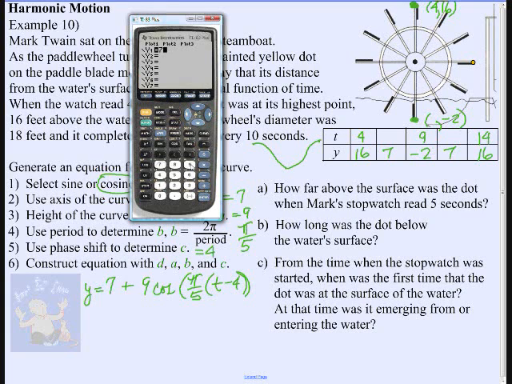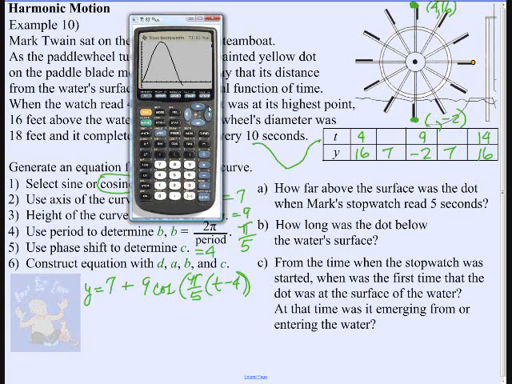We've got 7 plus amplitude of 9 times cosine pi divided by 5 times, now we have parentheses, we're going to use again x as our variable for time, minus 4.